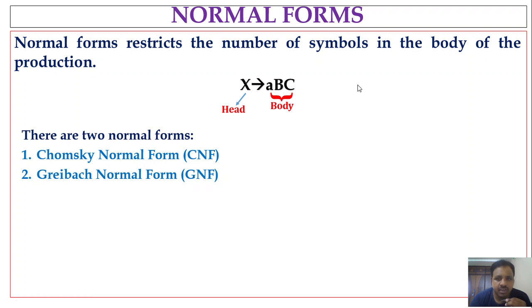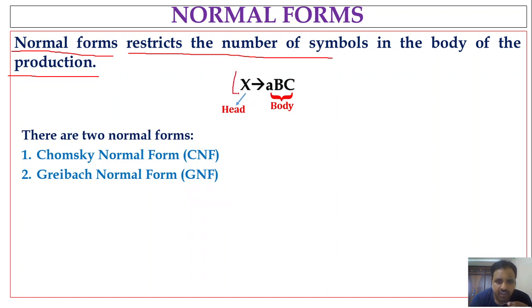So let me explain this concept of normal form here. So what is a normal form? Generally, this normal form restricts the number of symbols in the body of the production. Okay. So here, let me clarify one thing. What is the body of the production?